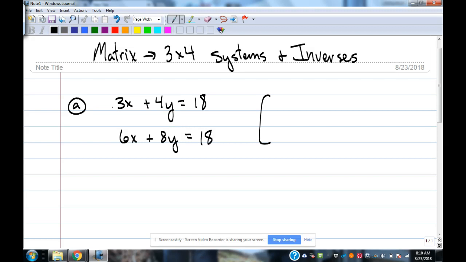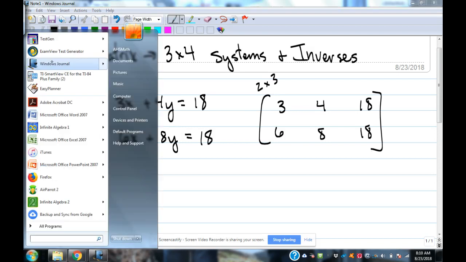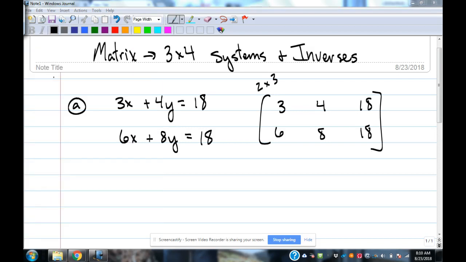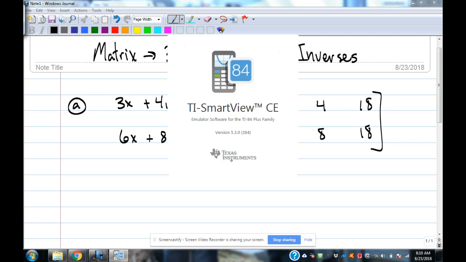How many rows are there? 2. So 3, 4, 18, 6, 8, 18. Let's say 2 by 3. 2 by 3 matrix. Okay. And then we're going to use what little shortcut thing?